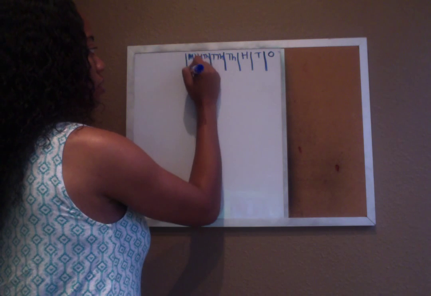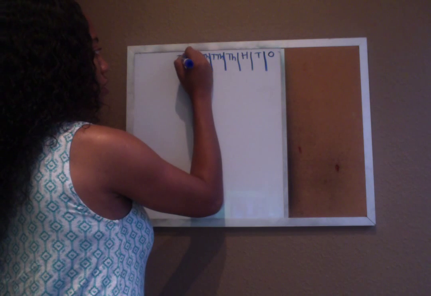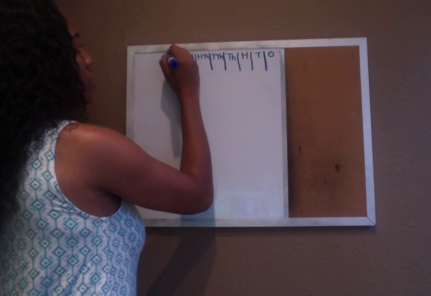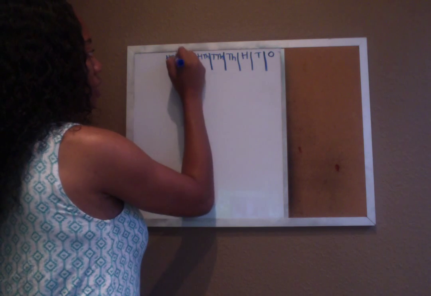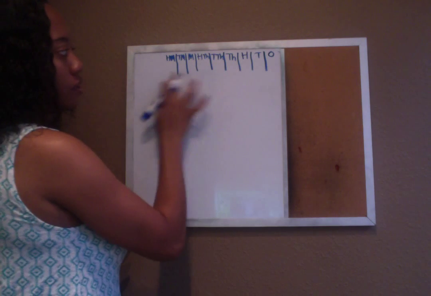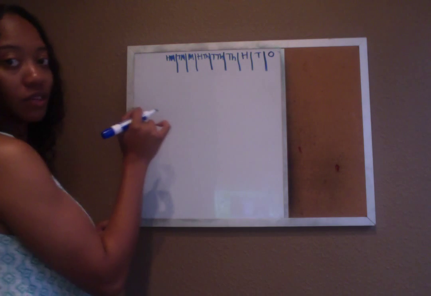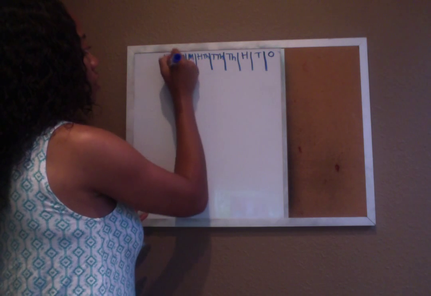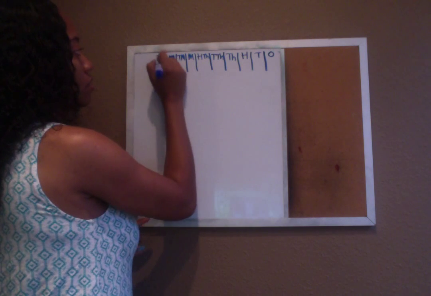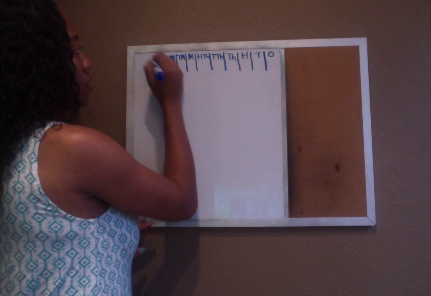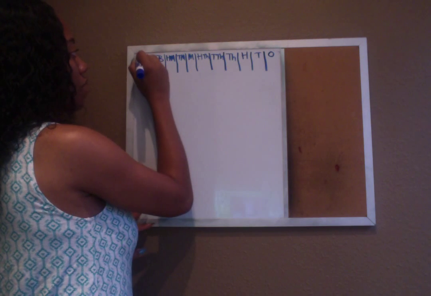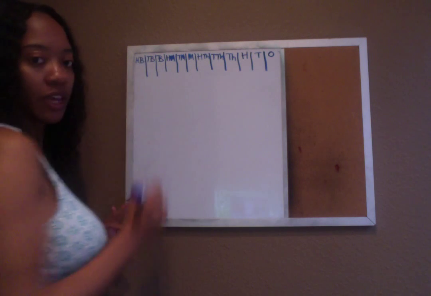Millions, 10 millions, TM. 100 millions, HM. Trying to keep it as even as possible. Billions, 10 billion, and I'm going to stop at 100 billion with HB.